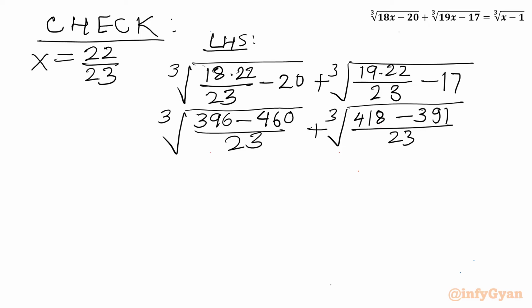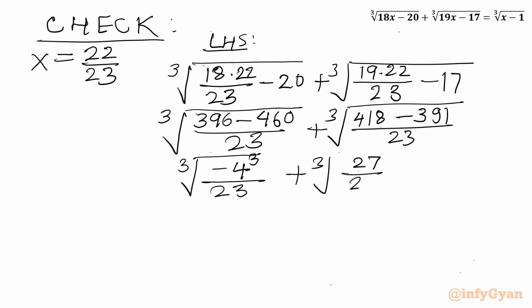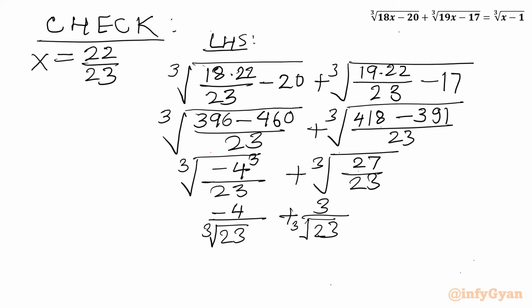So this value is minus 64. So I will write minus 64 as minus 4 cube divided by 23, plus cube root of, this is 27 over 23. Now I can write here minus 4, and the denominator will be cube root 23. This value will be 3 over cube root 23. So LHS is coming out negative 1 over cube root 23.